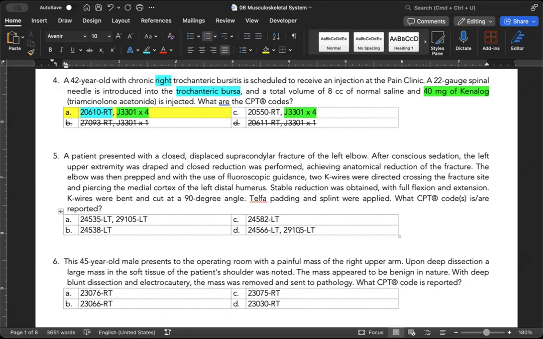On this one, it's a splint, not a stent. So are we going to report the splinting application? No, we are not going to report that. So we know that D and A are out of the question. So now we need to go look at 25438 or 24538.